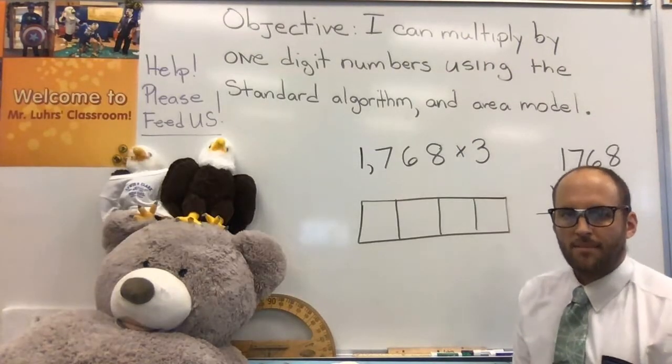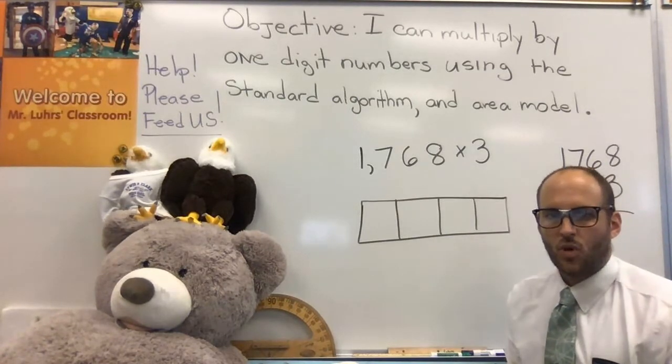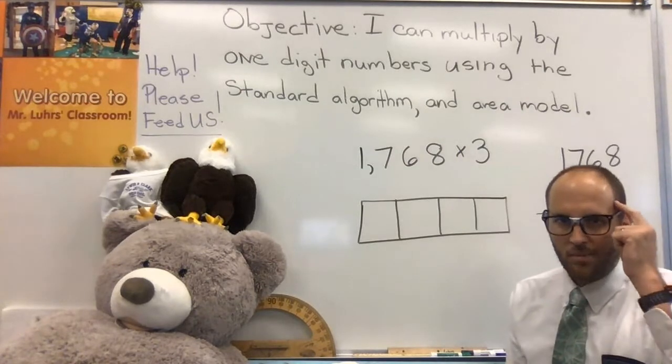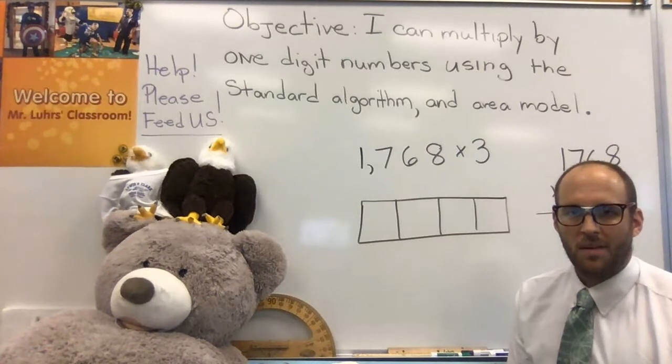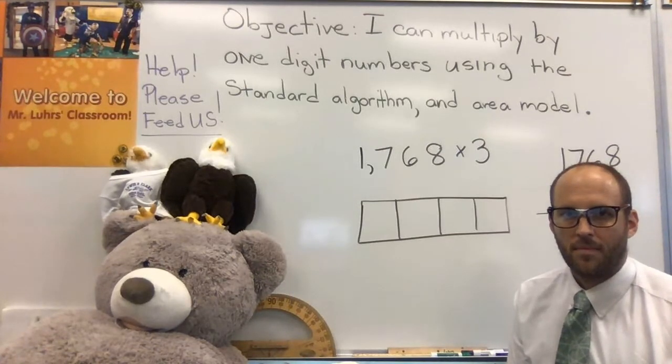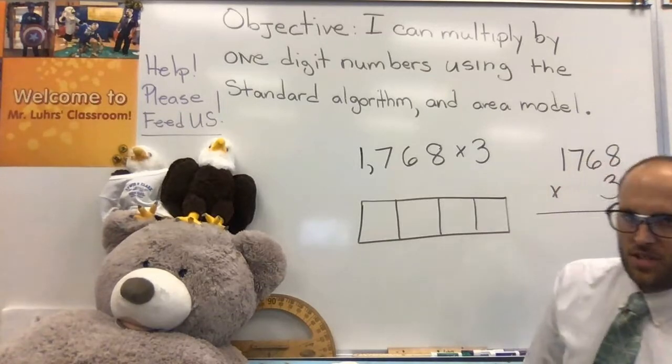Our last problem for today's lesson is another 4 by 1 digit problem. 1,768 multiplied by 3. Take a minute, use your whiteboard, use that magical brain power you've accumulated through this lesson, and let's see what we come up with. All right, so let's try it out.